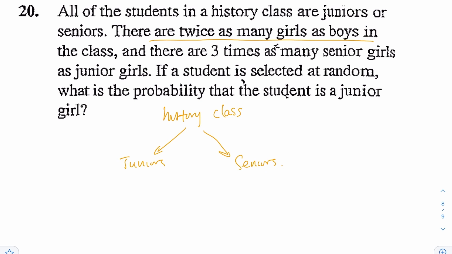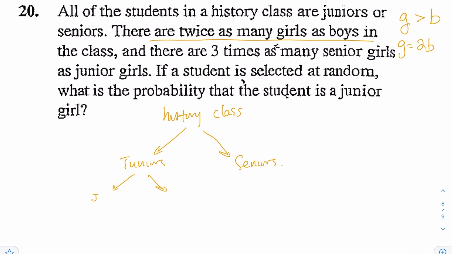So here, twice as many girls as boys means that the number of girls is greater than the number of boys. So you have to actually multiply the smaller number, boys, times 2 to be equal to the girls. Because there are twice as many girls as boys, if you double the number of boys, that'll be equal to girls. Now, there's 3 times as many senior girls as junior girls.